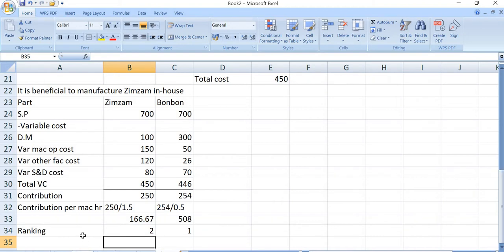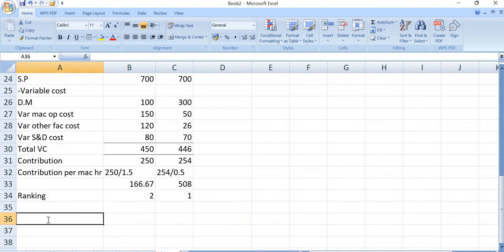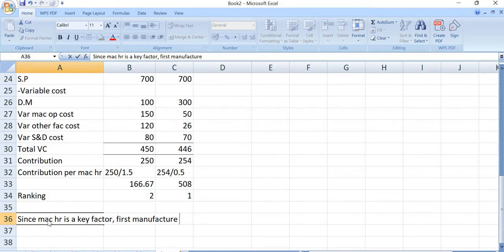Since machine hour is the key factor, first manufacture bonbon and then Zimzam.